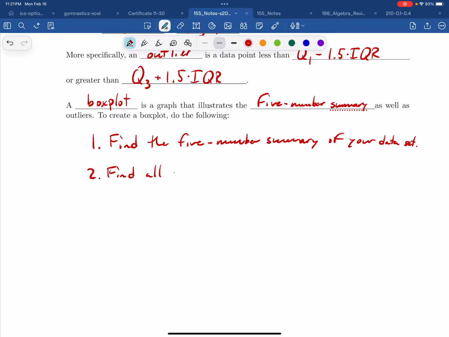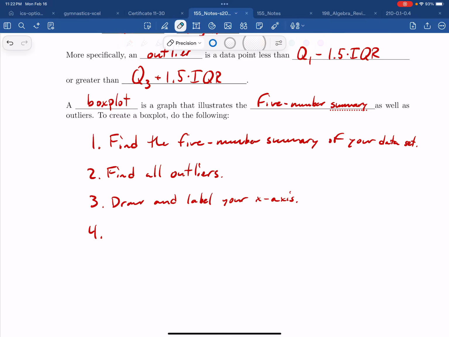Step 2, find all outliers. Step 3, draw and label your x-axis. Next up, and this includes marking the 5-number summary.